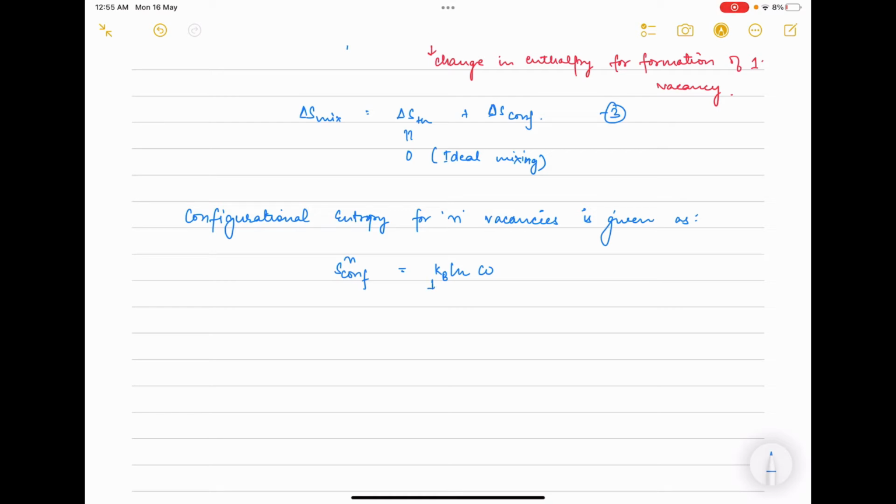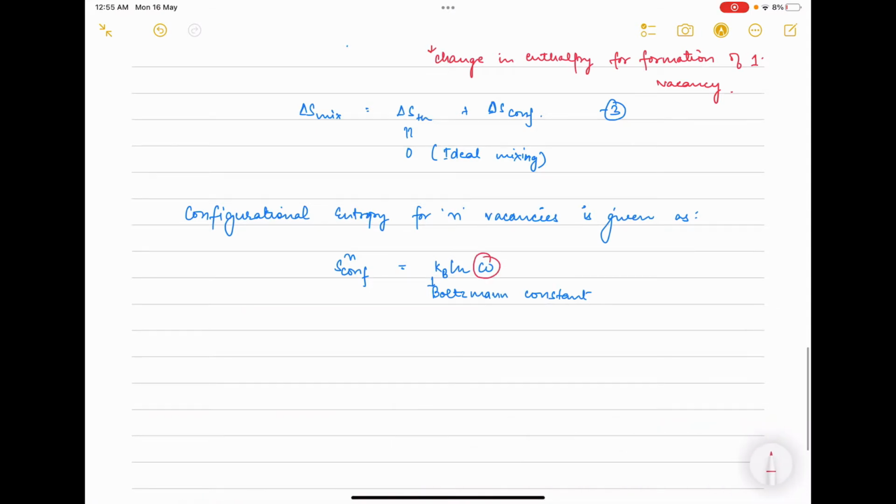This k_B is the Boltzmann constant, and this omega is basically the thermodynamic probability of distributing n vacancies at N plus n sites.